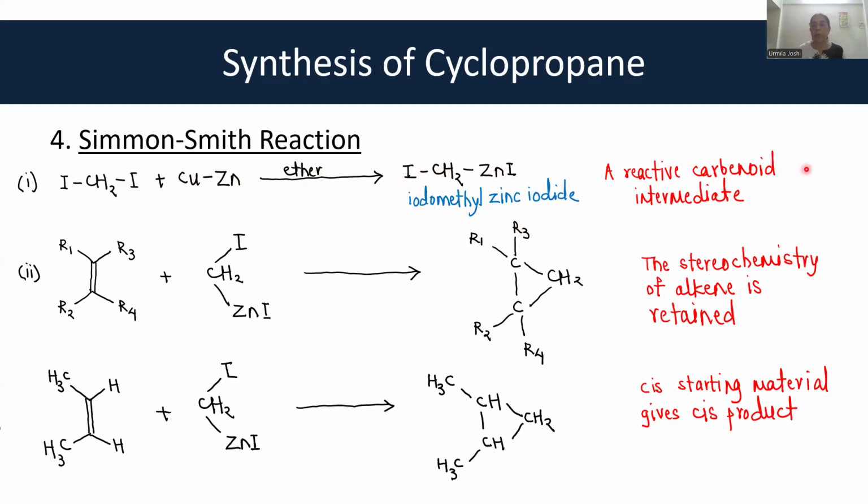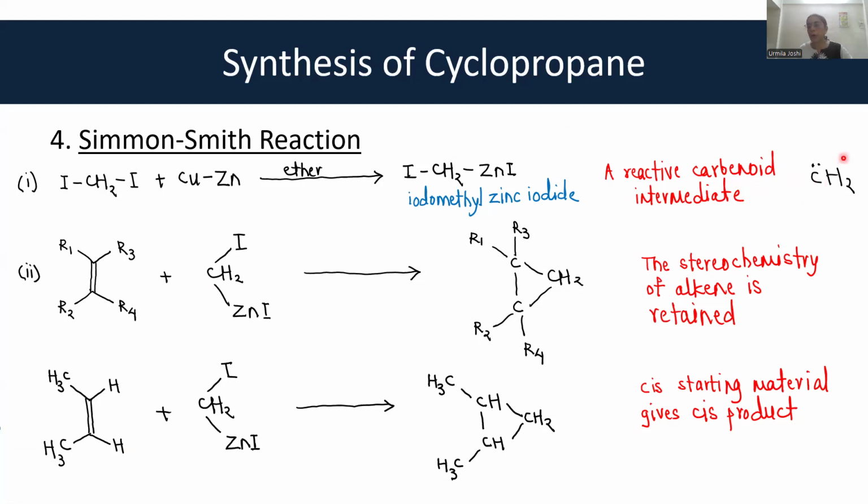Now this iodomethyl zinc iodide contains a CH2, and this CH2 is a reactive carbenoid intermediate. What is a carbene? Anybody remembers? A carbene is a CH2 with 2 electrons, so a carbene is an electron deficient species. If you realize, there are only 6 electrons in the outermost orbit.